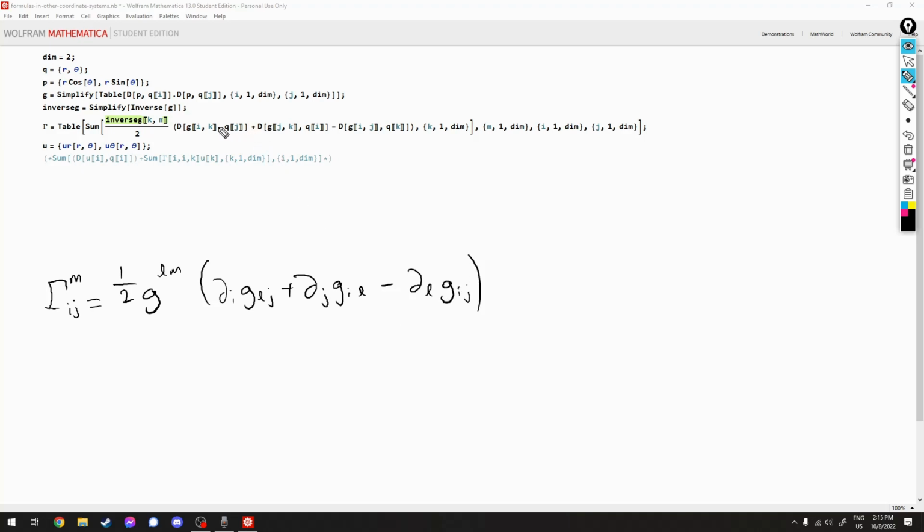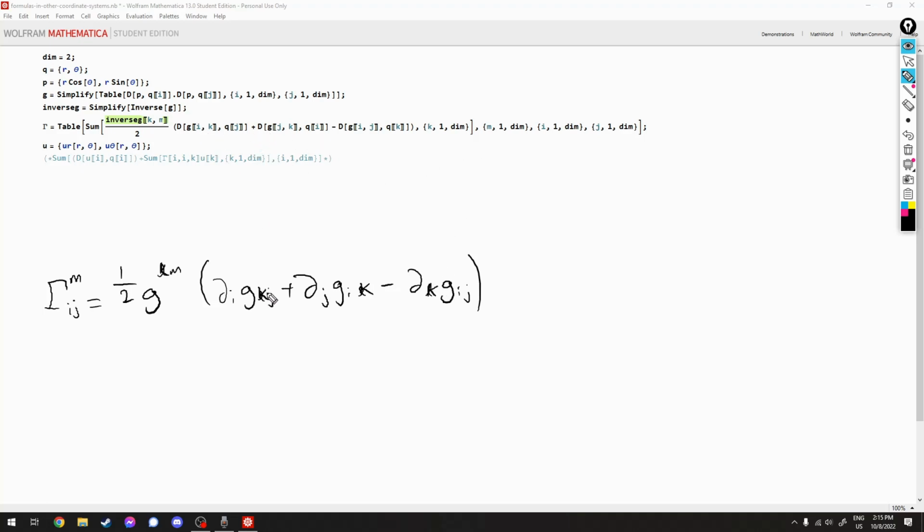Okay, and I've just implemented that formula in here. So I've got to keep track of my summation. So we do a sum here. Actually here I'm summing over k, not l. Doesn't matter, but let's just stay consistent.